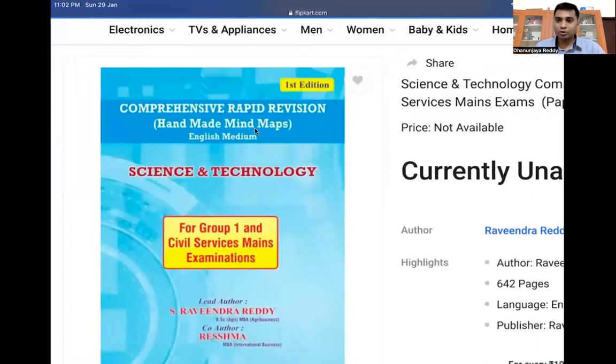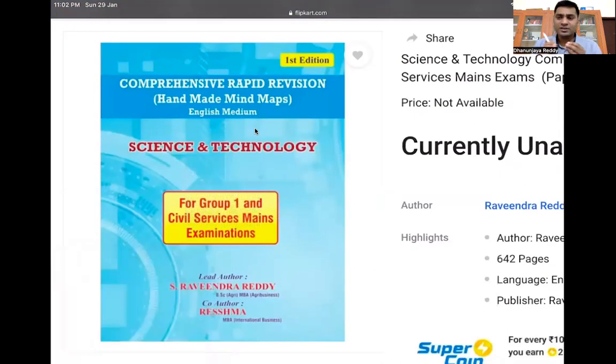This is the first edition. The book is not available in the market now. They might release it. So just keep this as a book for your source. They have compiled it. Again, I say the compilation was very huge, no need to follow that. But why we like this book is that it has some analysis, which means there are flow charts to understand the syllabus very quickly. So if you get this book, that is completely fine.